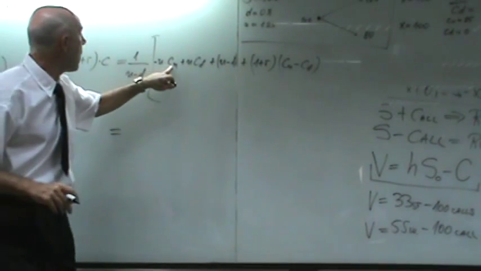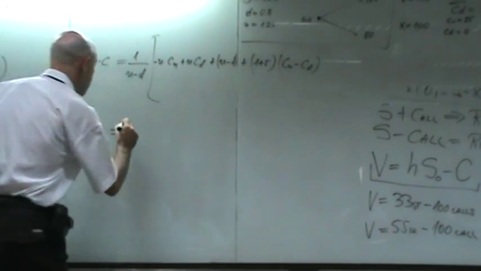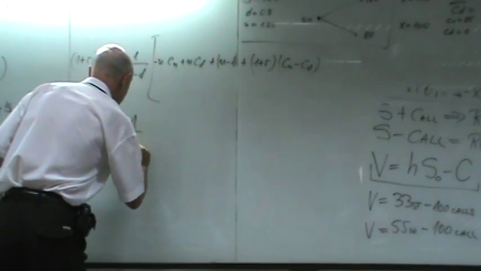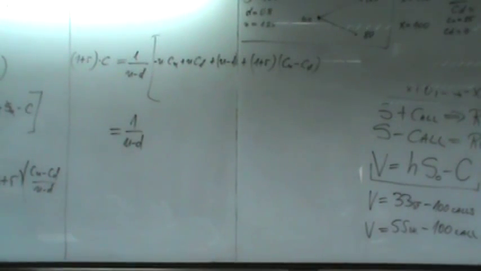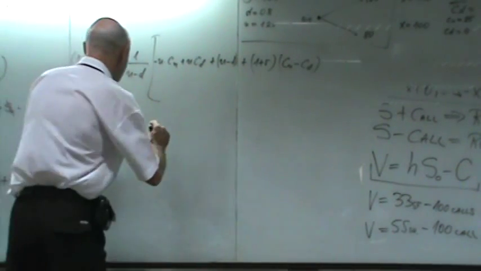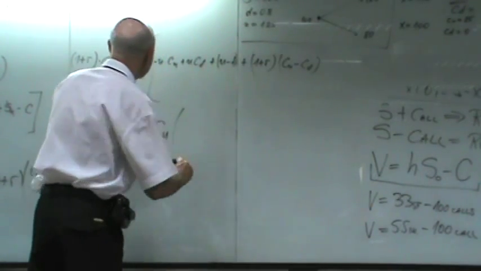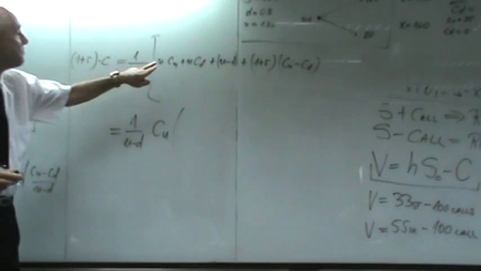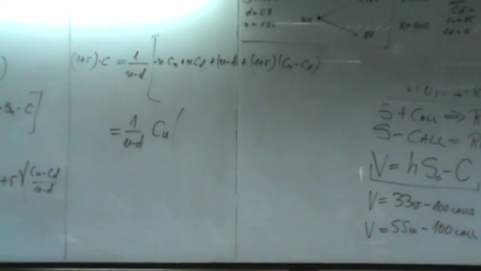So when I take all the CU, becomes U minus D. And when you take all the CU, okay, you got here minus U, you take all the CUs, you get the following.